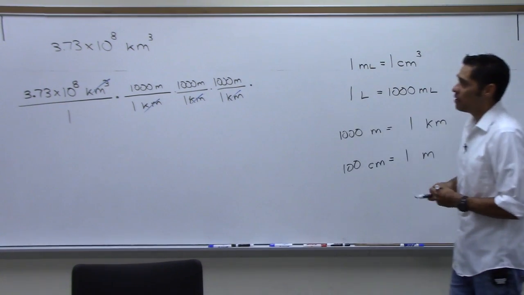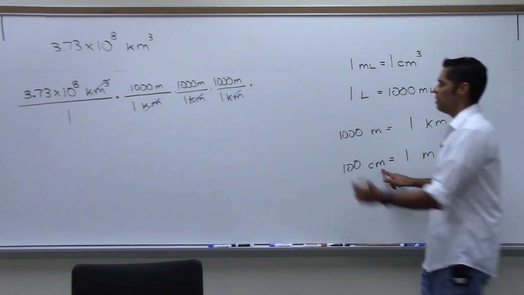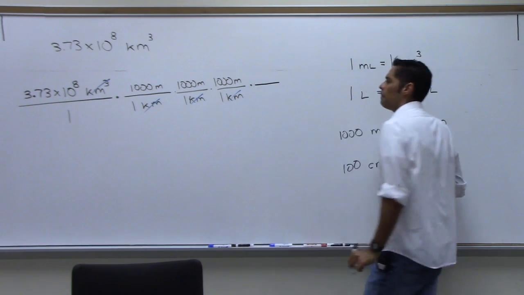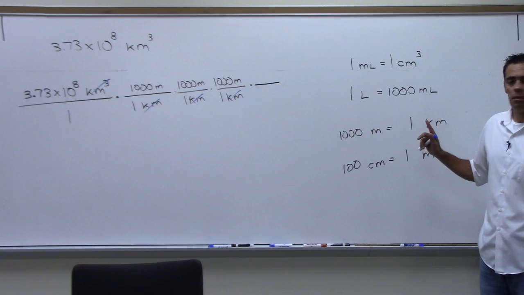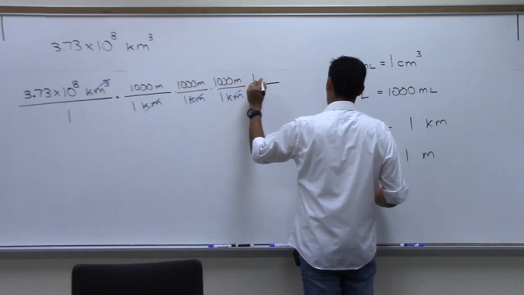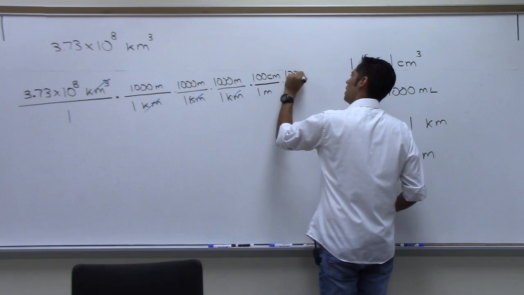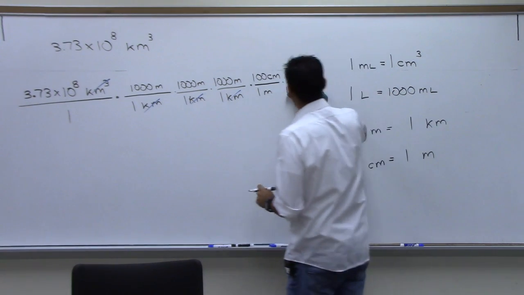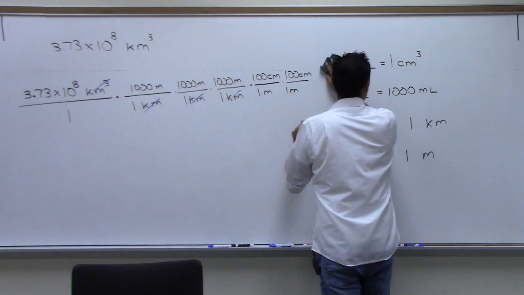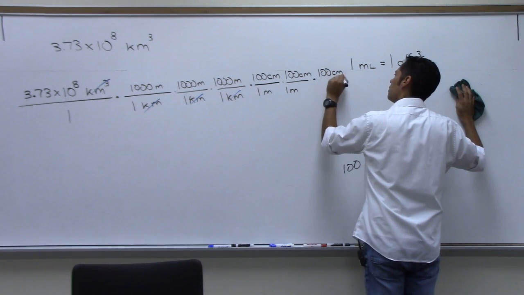Okay. Now I'm going to try and get out of the meters and get to centimeters. So meters to centimeters, I'm going to do what here? 100 centimeters over 1 meter. 100 centimeters over 1 meter.